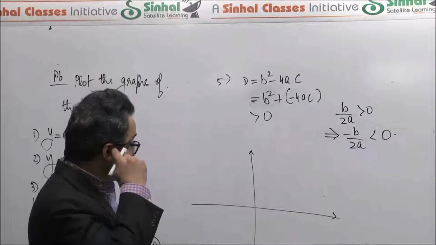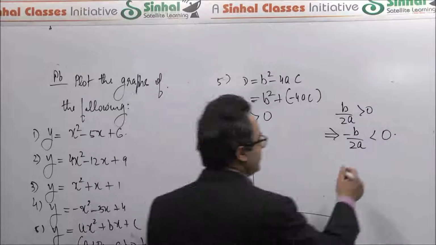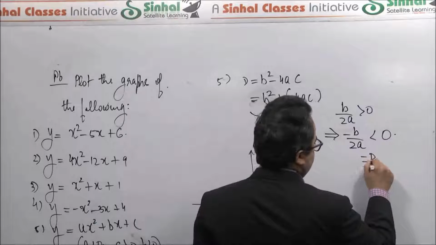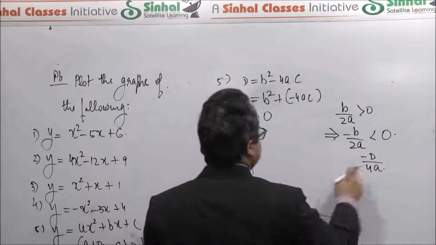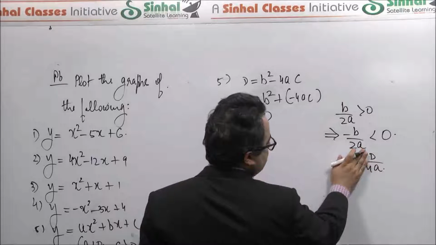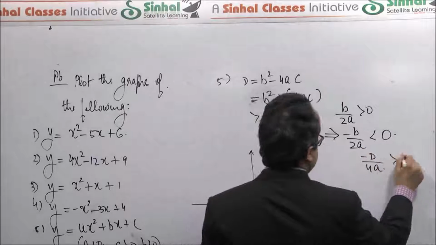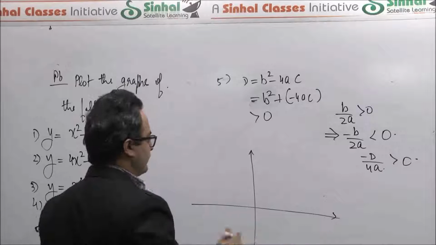And of course minus d by 4a: d was positive and a is negative, so d by a is negative, so minus d by 4a is positive. So the vertex is actually in the second quadrant.